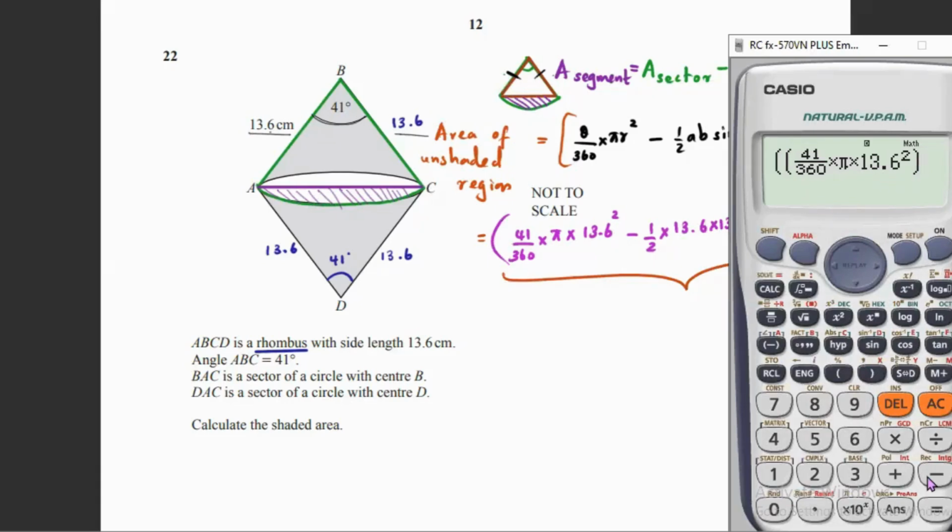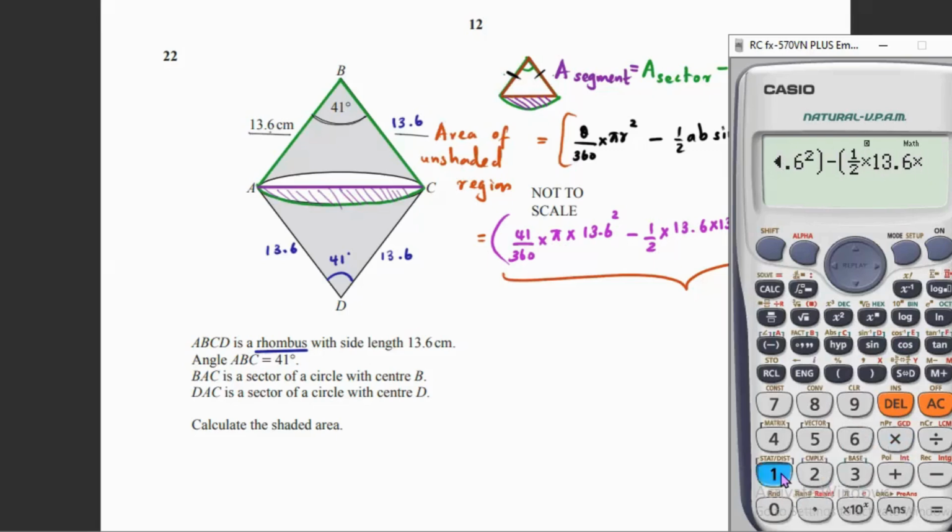From this, I need to deduct the area of the triangle. So I'm going to open the brackets again. The area of the triangle is the formula that we have, which is half AB sine C. So I'm going to put the fraction half here, and then I'm going to times it by A, which is 13.6.